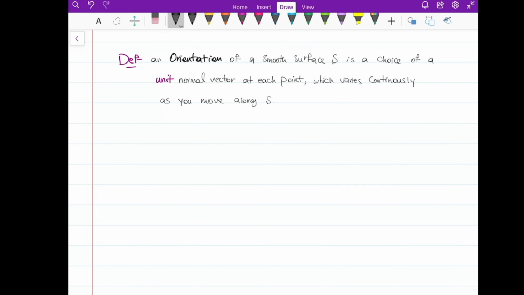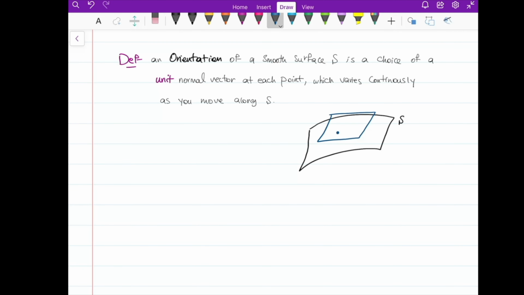Okay, so let me clarify what it means. We have a surface S like this, and then at any point, for example, at this point, we have a tangent plane. A tangent plane is a plane that is tangent to our surface.